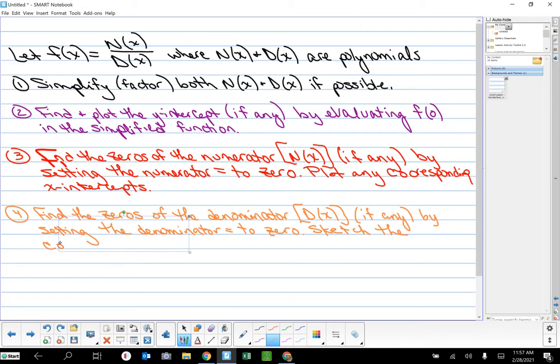I spelled corresponding wrong up here. Corresponding vertical asymptotes. That means they go up and down, as dashed or dotted lines. I'm going to put dashed. You can put dotted, whichever you think you're going to do.